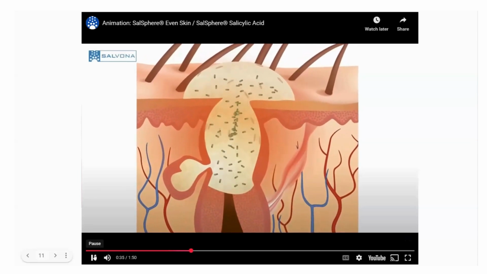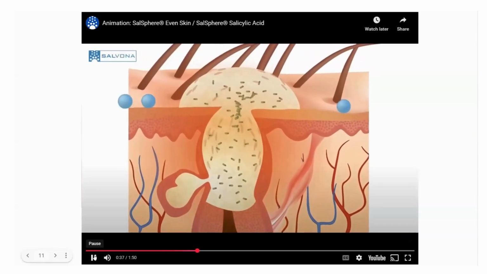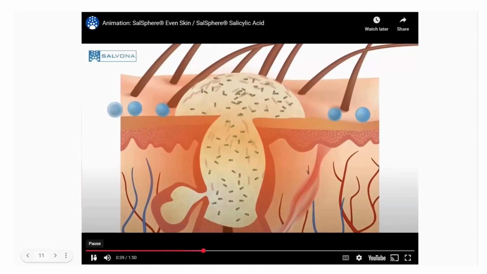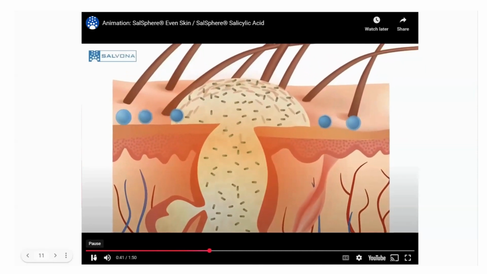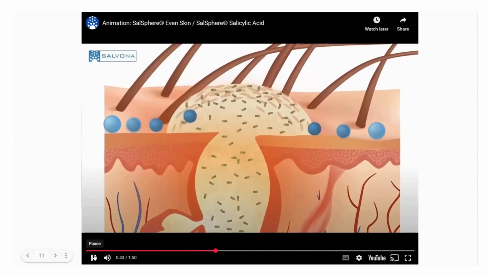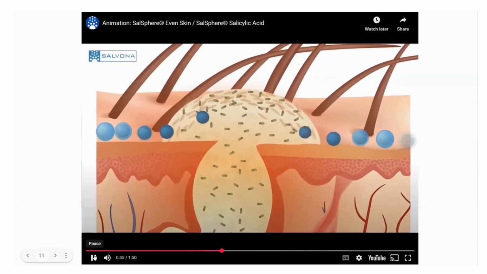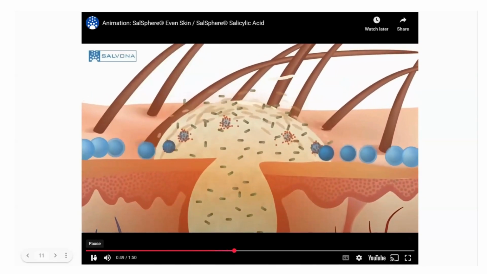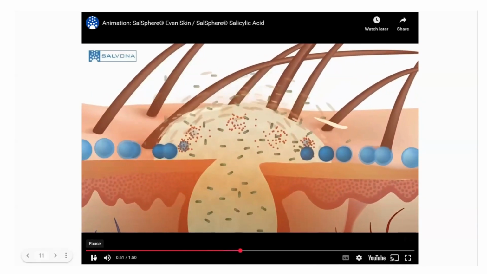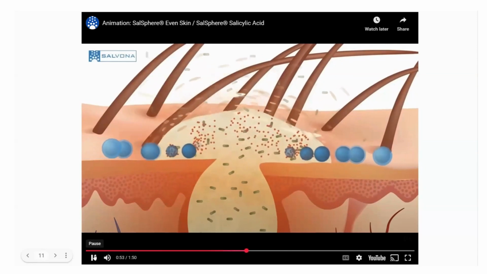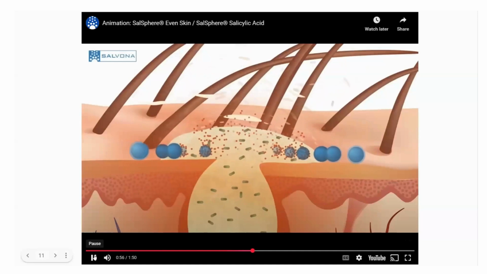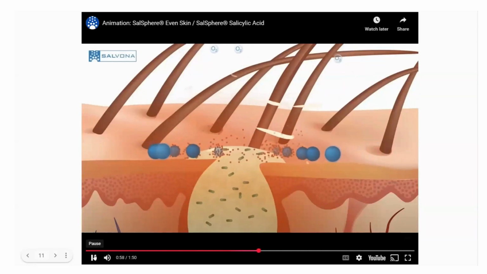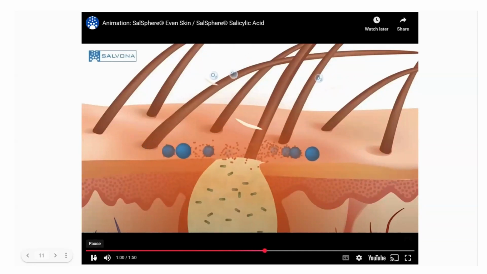Here we can see some issues on the skin, the lesions, and these blue spheres are representative of the Salsphere Even Skin technology. When the core reaches the lipid domain of the pimple, the salicylic acid sticks to the pimple and begins exfoliating. By exfoliating, we're removing these comedones that are clogging the pores and releasing the accumulation on the skin.